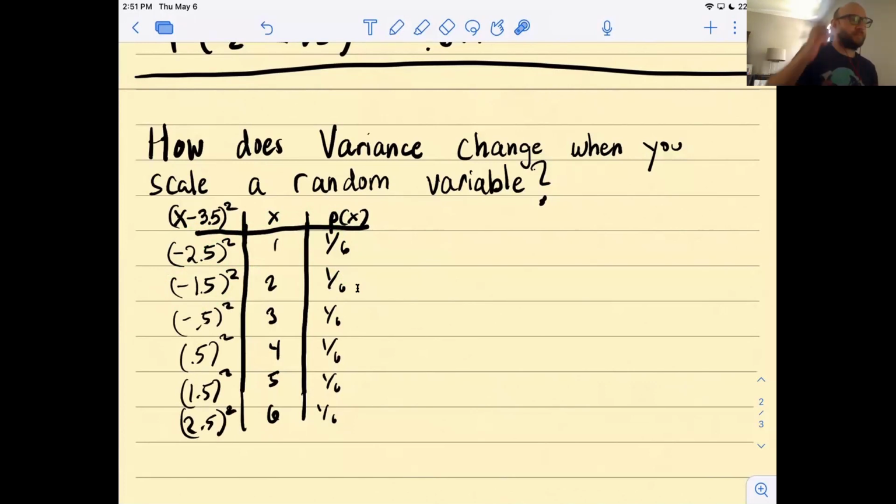Good. Okay. So now the question I want to study is what happens if we scale the random variable, meaning that instead of using 1 through 6, we multiply all of the numbers by 3, let's say.